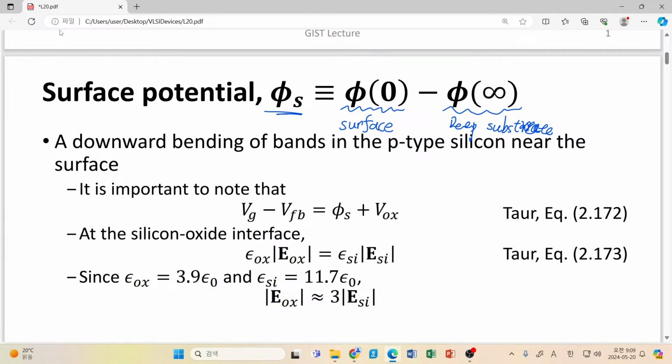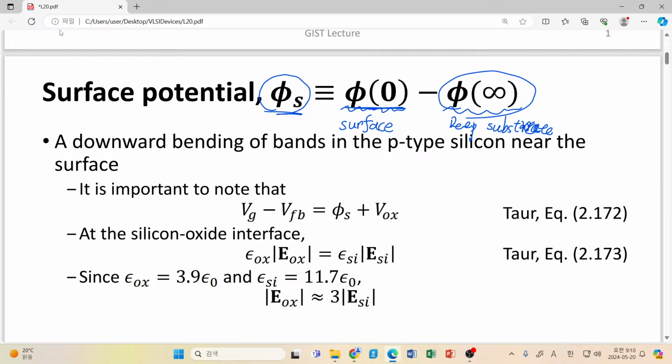Actually, it is the surface potential measured from our p-type substrate potential. Please note that in this context, this potential is not exactly potential itself, but the difference between phi at 0 and phi at infinity. So infinity is used for deep substrate in my notation.